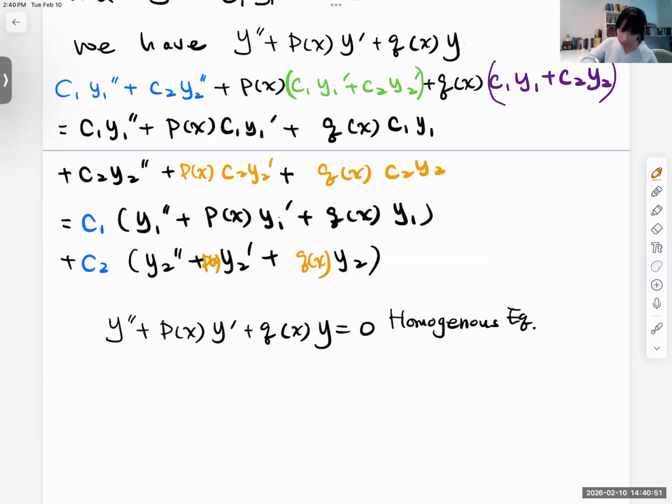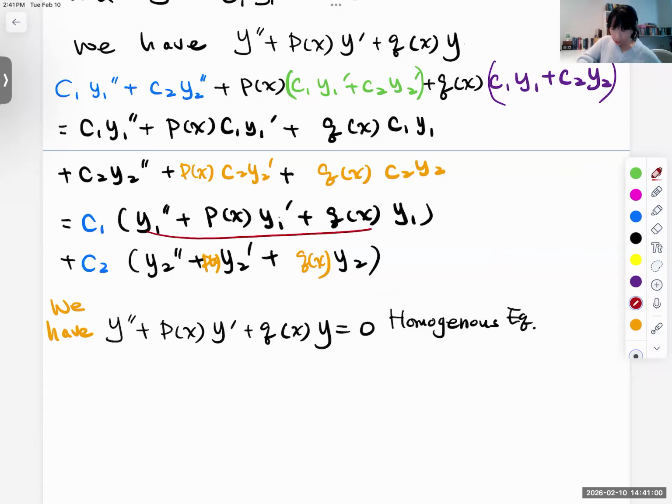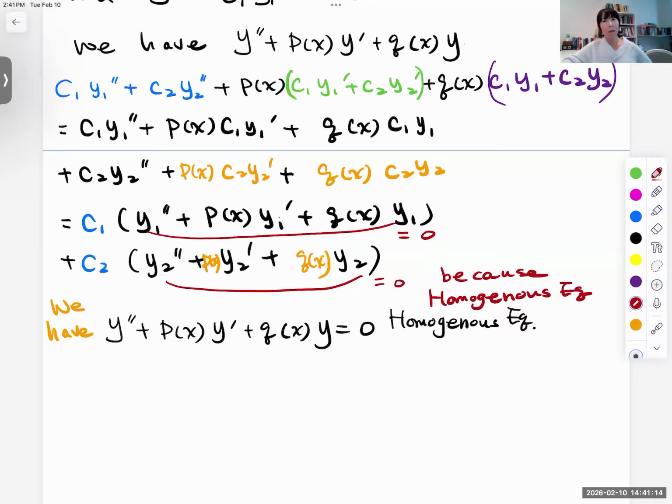So we can say that this one equals 0, and this one equals 0, because it is a homogeneous equation, right? Then we can conclude there will be c sub 1 times 0 plus c sub 2 times 0, right? Then every term is 0.